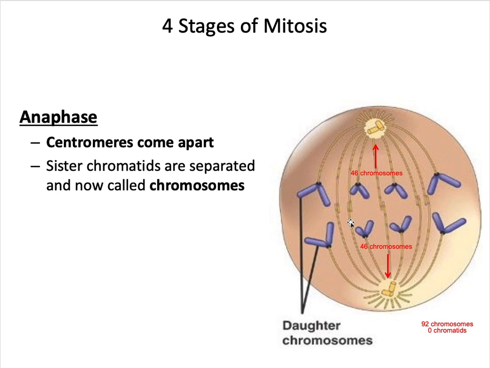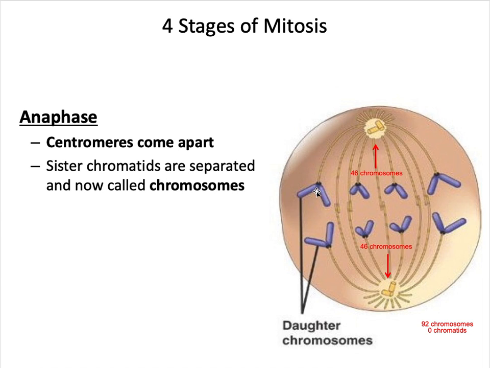The next phase is anaphase. Anaphase is when you are separating the chromatids. Remember, these chromatids were together in metaphase, but in anaphase you've separated them, and now these chromatids have become individual chromosomes.